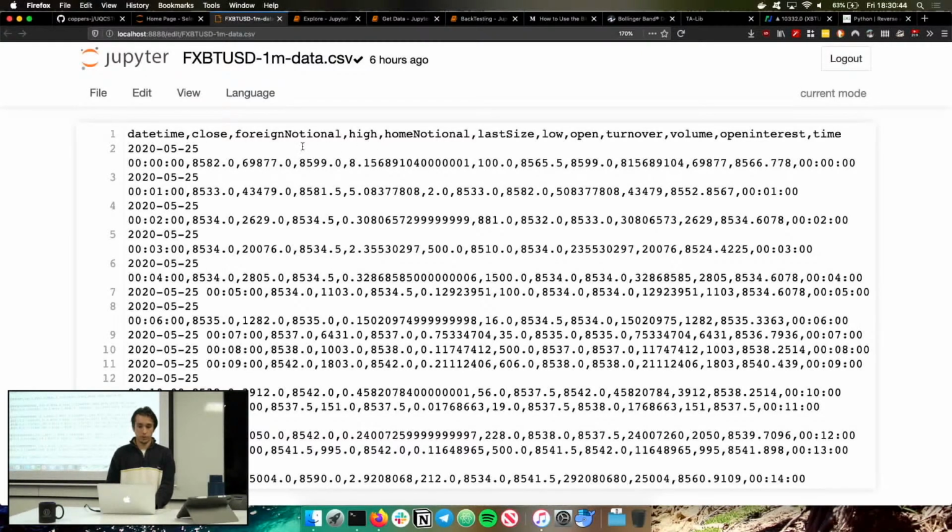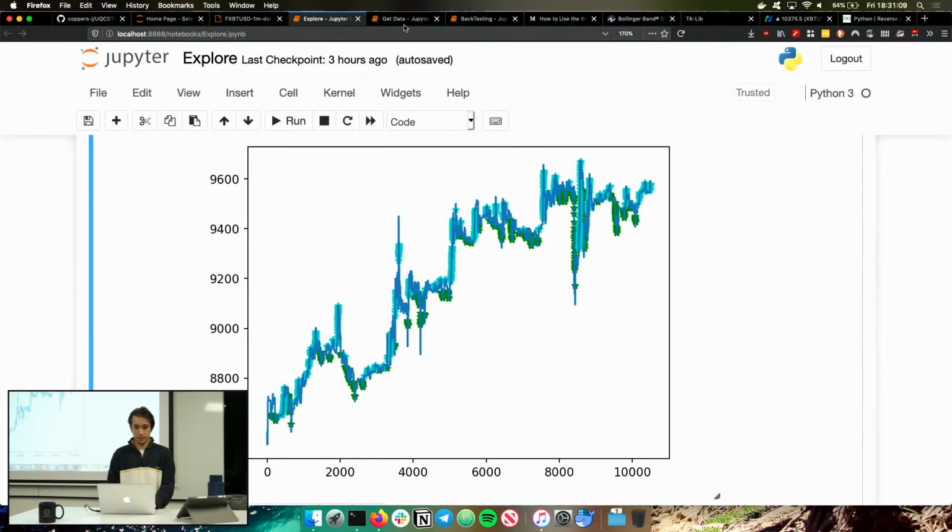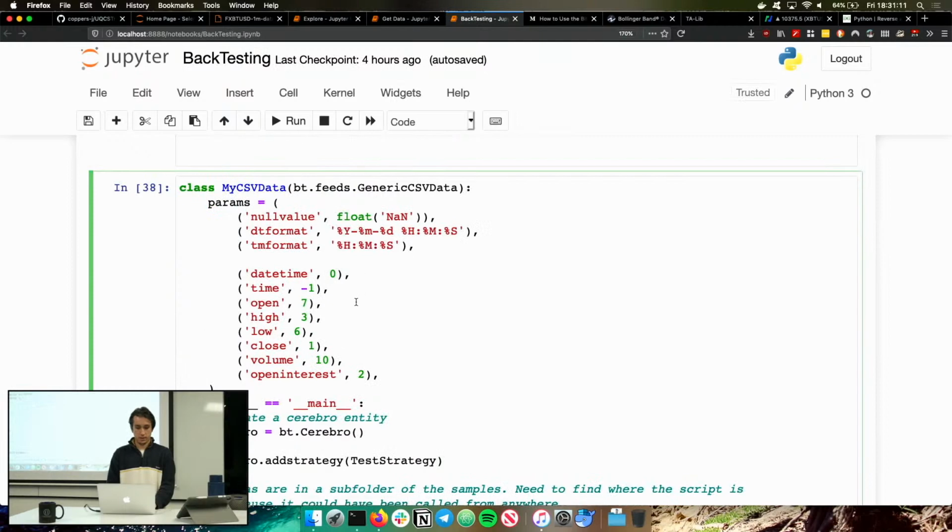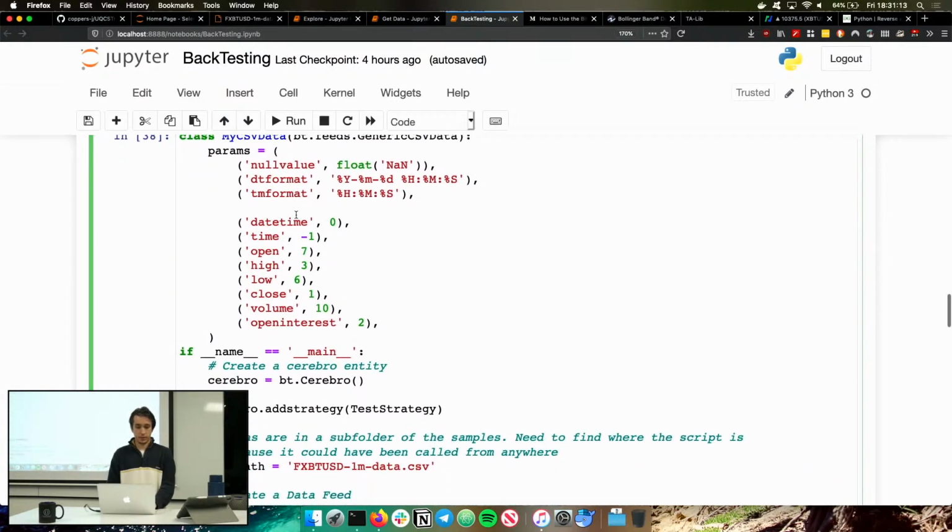We've got all these different columns that represent low, open, turnover, so all this information. Foreign notional is the notional amount available in the market in Bitcoin, and home notional is the amount available in USD, in US dollars. So if we head back, we'll keep looking.